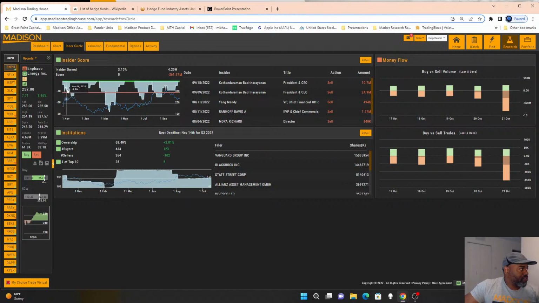When you see this shading in kind of blue gray color, when it's going down, that means that people are selling. Okay, so that means there's net selling going on. So when you see these spikes downwards in this gray area up here for insider activity, it means that they're selling. And when it's going up, it means that they're buying.